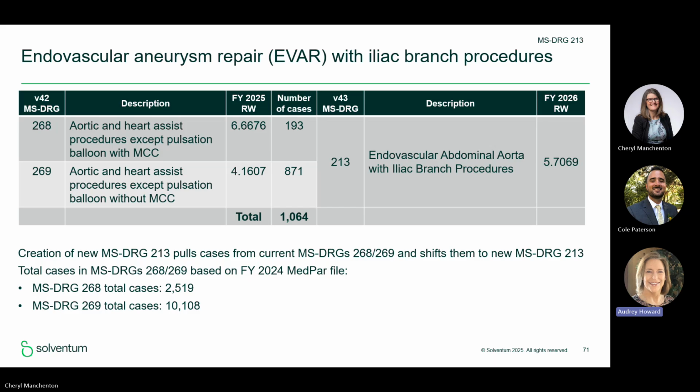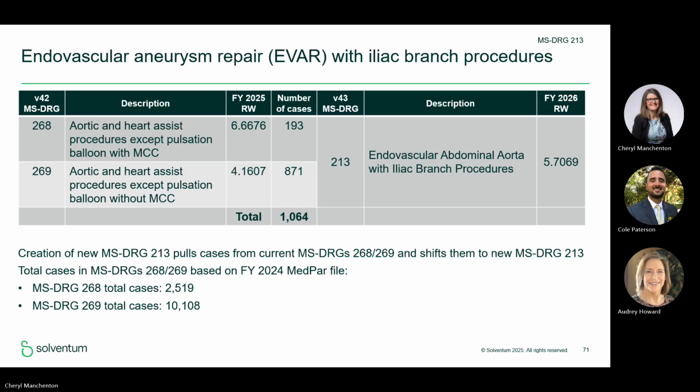And what I showed down here at the bottom is the total number of cases in 268 and 269, and you can see that not a lot of volume is being taken out, but it is pretty significant, and that they will be classified in their own DRG, and then we can see how things shift around in the future, and also how this relative weight may shift in the future as well.